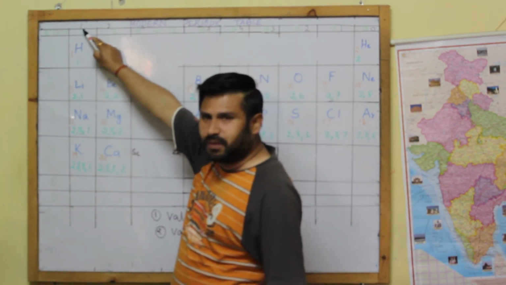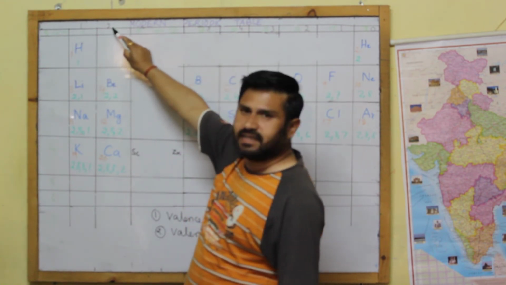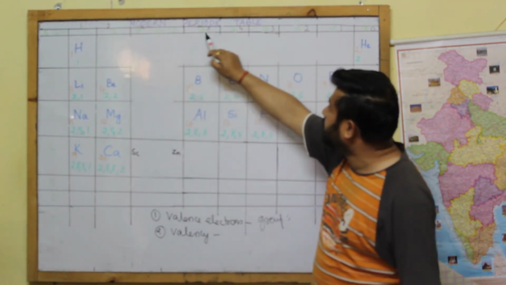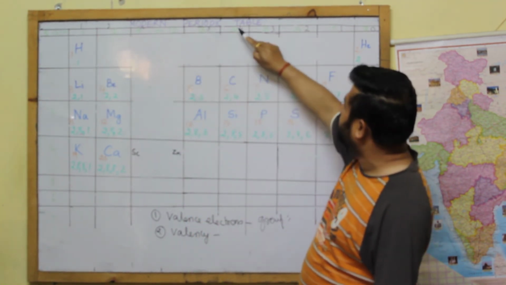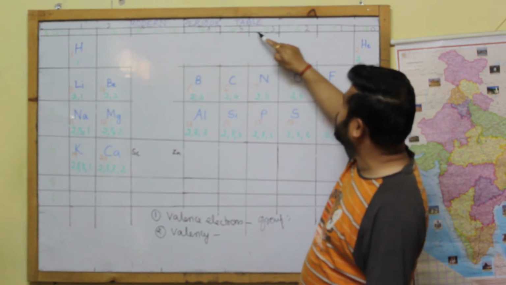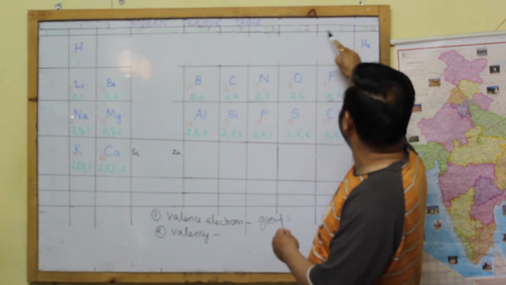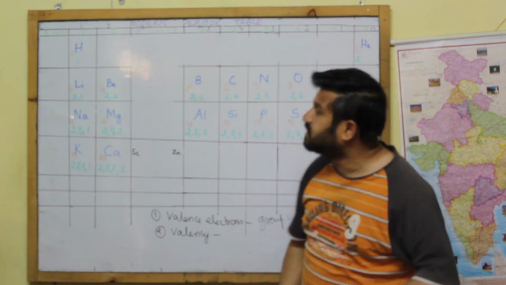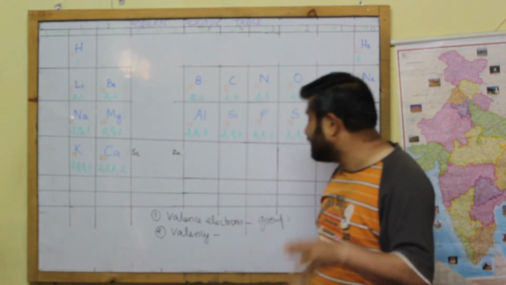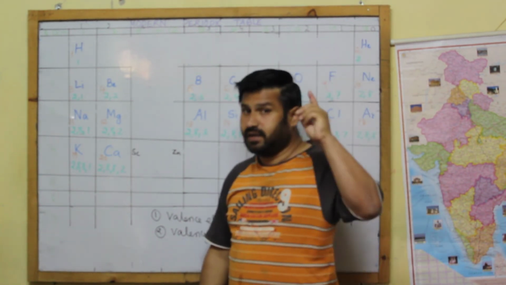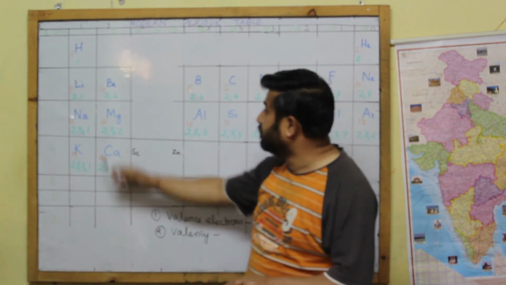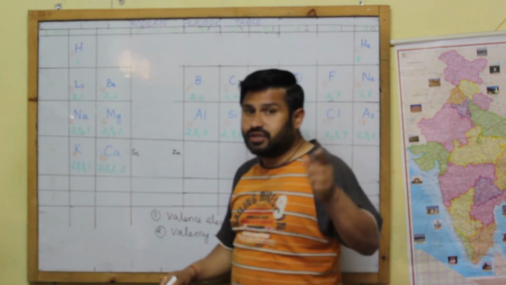Group 1's valency is 1. Group 2's valency is 2. Group 13's valency is 3. Group 14's valency is 4. But when it comes to 15, we go down to 3. 16, 2. 17, 1. 18, 0. So what is our valency as we move down a group? It does not change. But as we move across a period, it changes.